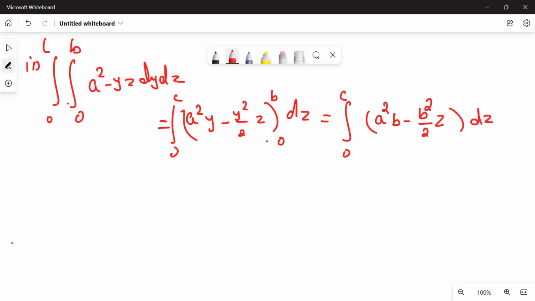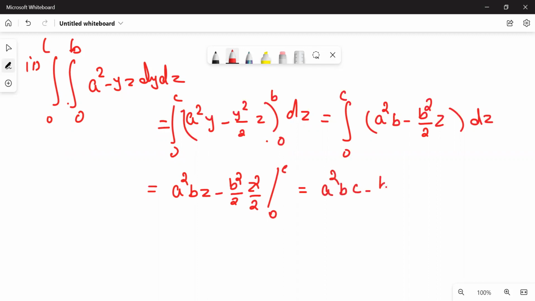Then it is a square bz minus b square by 2. Integration of z is z square by 2 between the limit 0 to c. Upper limit c on z, so a square bc minus b square by 4 c square. So this is the first one.